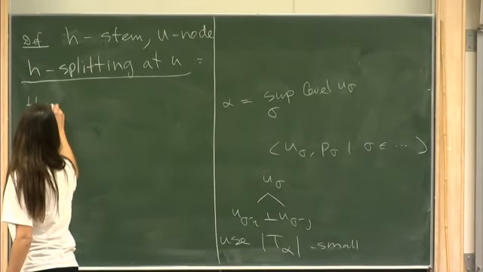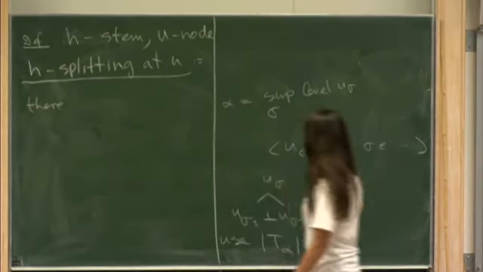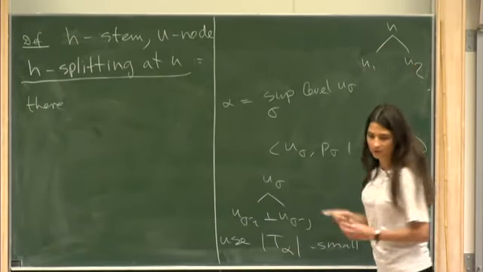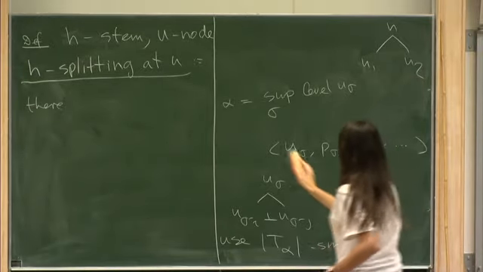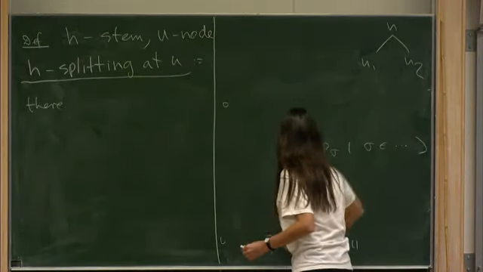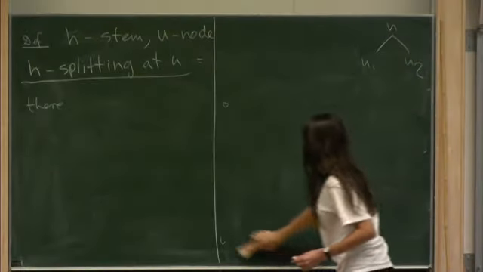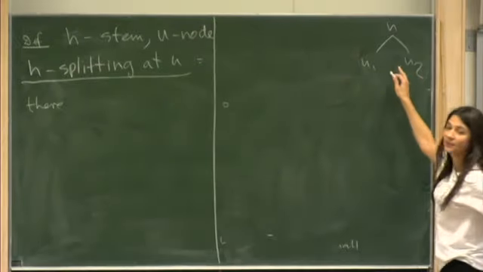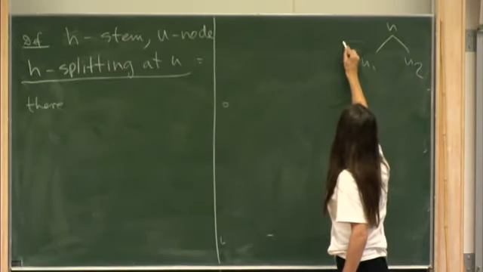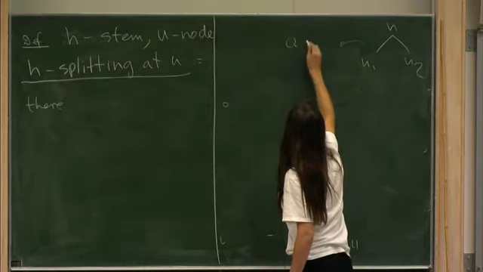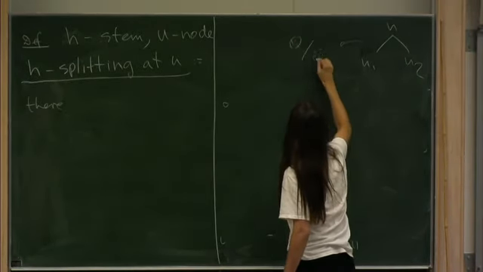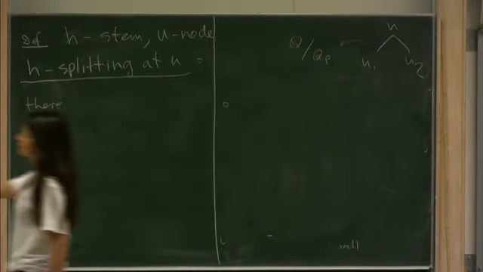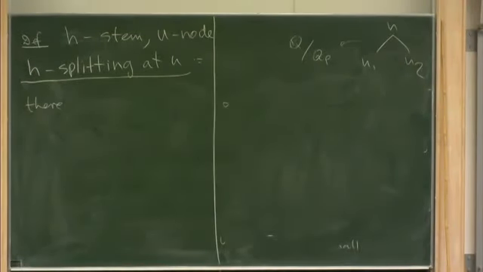I want to have this picture over a quotient like that for some p, because that's the nice quotient, this one.